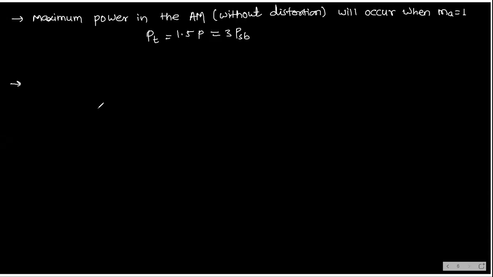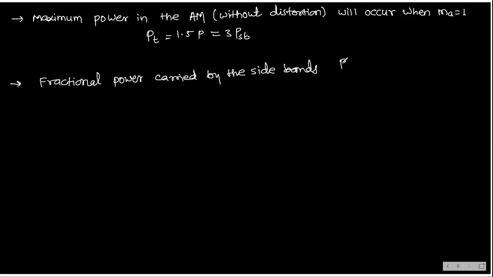Next point, fractional power, if they are asking you, carried by the sidebands, then this is PS by PT which is equal to ma square divided by 2 plus ma square.